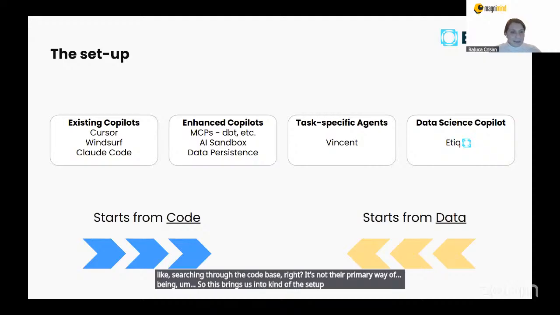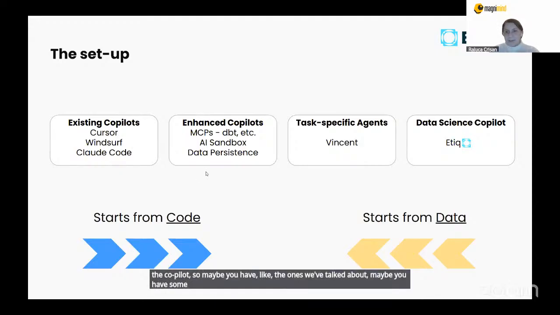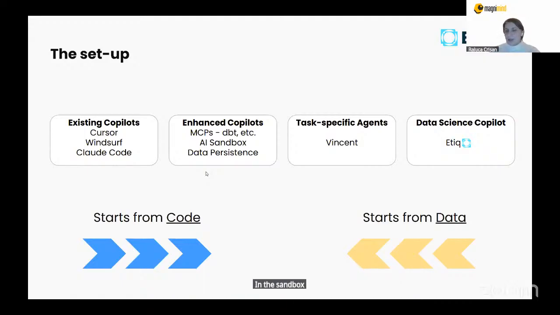Again, we have all of these, the majority of the co-pilots, or maybe you have some enhanced ones where you have everything happening in the sandbox, and you maybe have an agent that goes and looks at some of your data and does some processes on it, and then you have these niche agents.